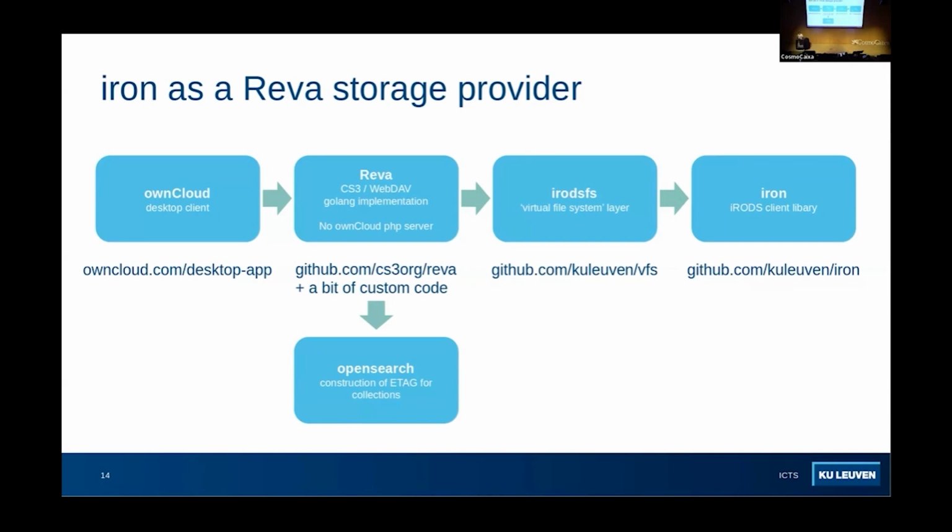And then underneath, at the bottom, there is iRODS. You also see an arrow to OpenSearch, and that's because of internal things in this protocol. You need ETags to identify collections and data objects that have changed. And for collections, it means a version of all its children together. That's why it's needed.